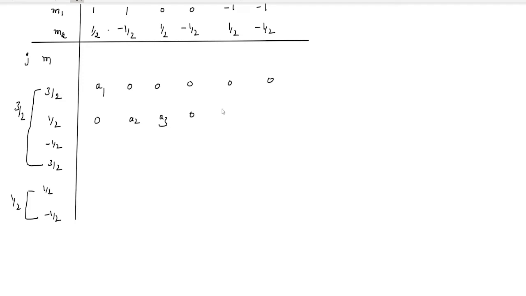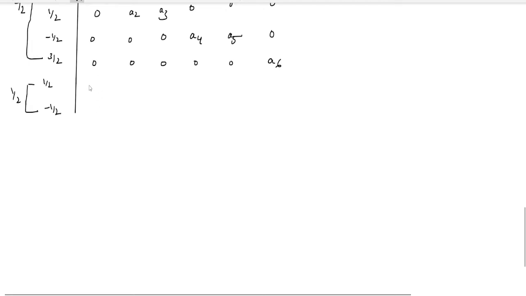This is the final result, but I'm going to expand each and everything. So this is 0, this is 0, this is 0, and where is the fourth one? Minus 1. Only we got a4 and a5 here, and the remaining things are 0. And this is 0, only 3 by 2, 0, 0, 0, 0, a6.